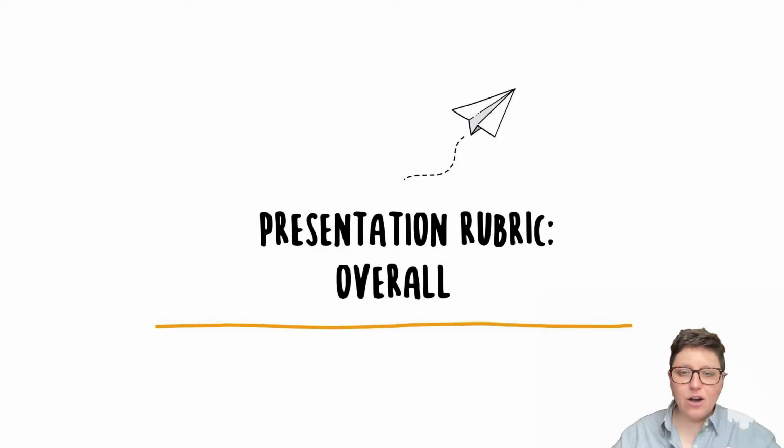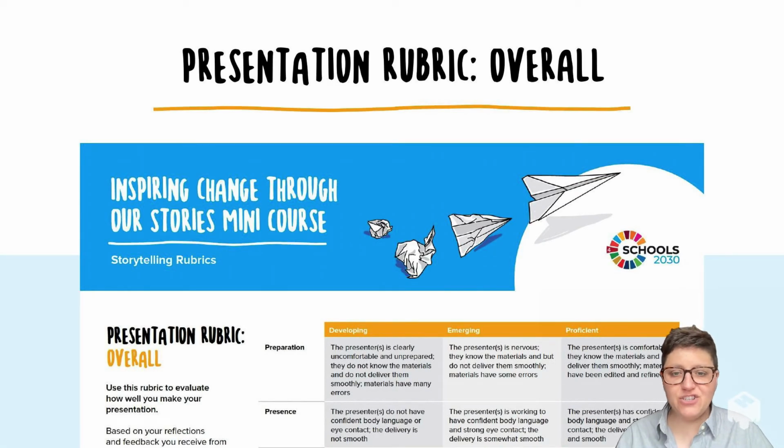And then lastly, overall. So are you able to bring together all these components into an overall story that creates a compelling presentation? And are you able to deliver that presentation with a lot of poise and presence? Is it clear that you were prepared and ready to go?